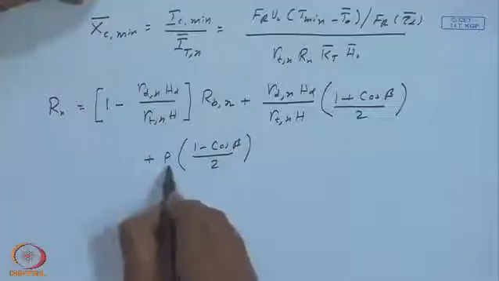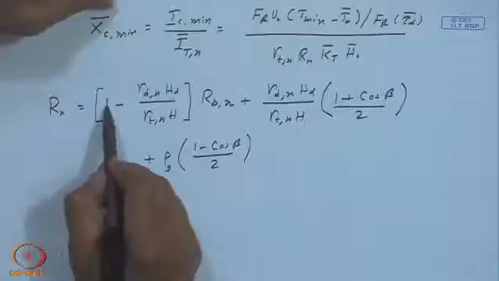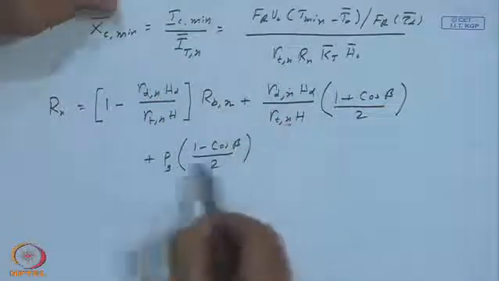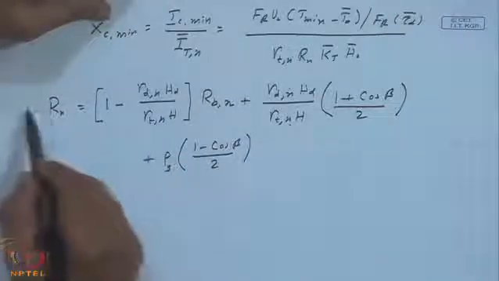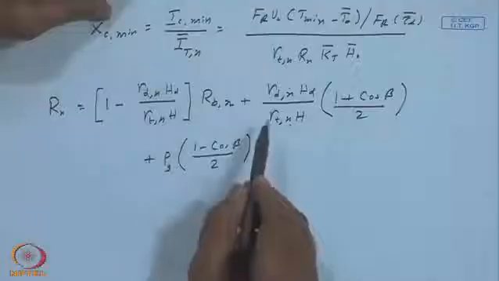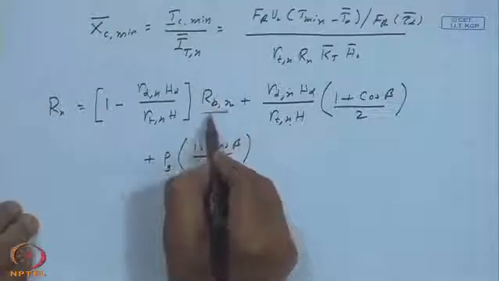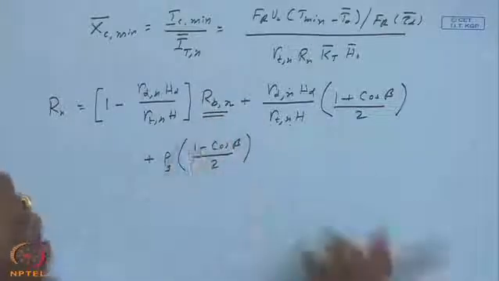This you may call rho g. So, once again this is nothing but 1 minus Id by I, because we equate Rn into In is equal to this much and divide throughout. This is the noontime tilt factor for the direct radiation Rb at noon.